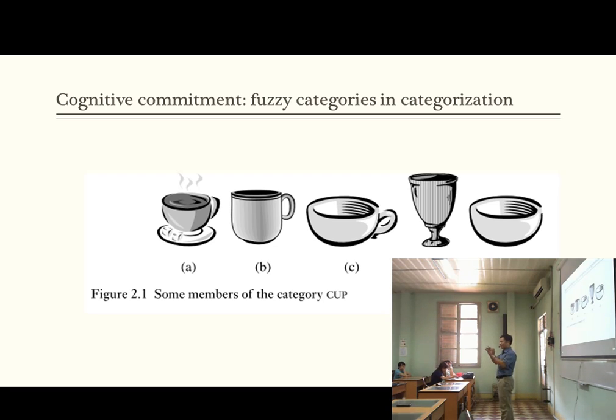I mean, there is not a clear-cut boundary between, let's say, f and v, as you often see in minimal pair practice. So, fuzziness in categorization exists in phonetics and phonology.